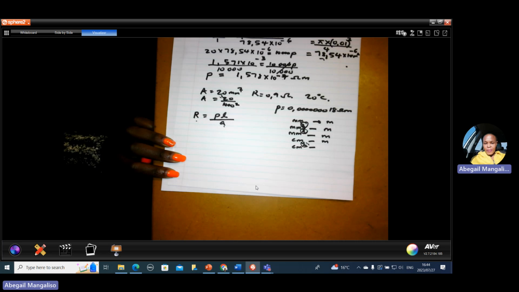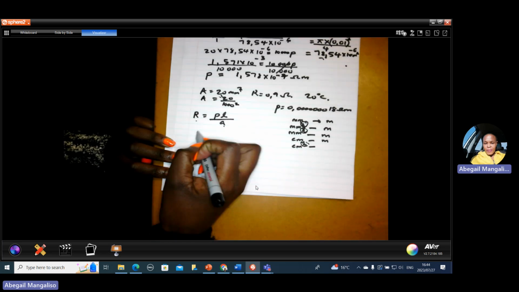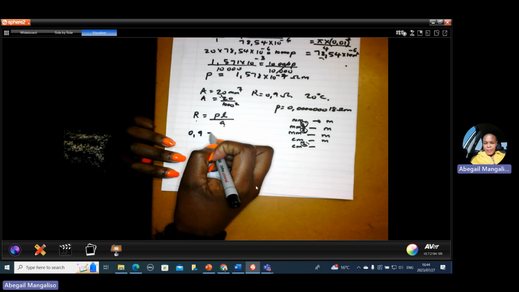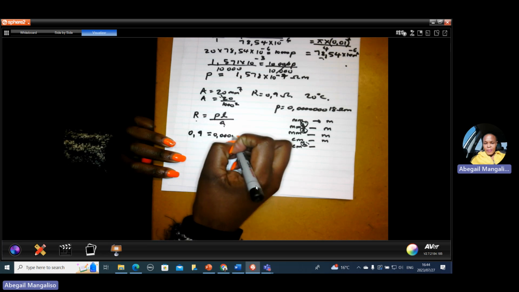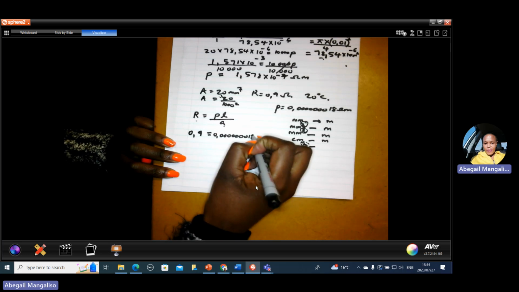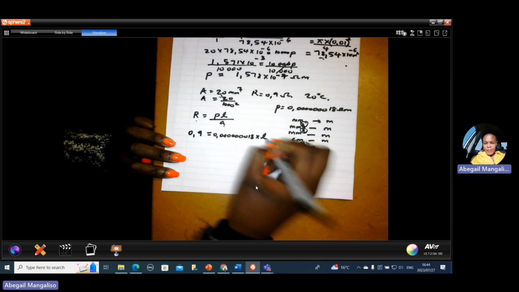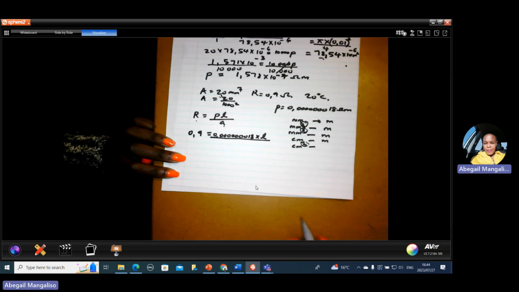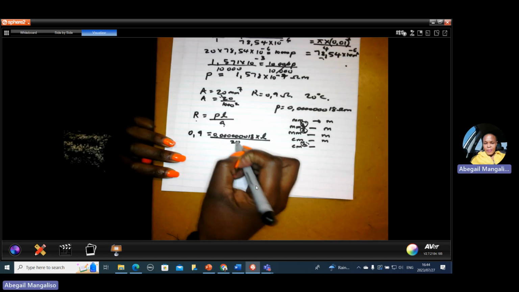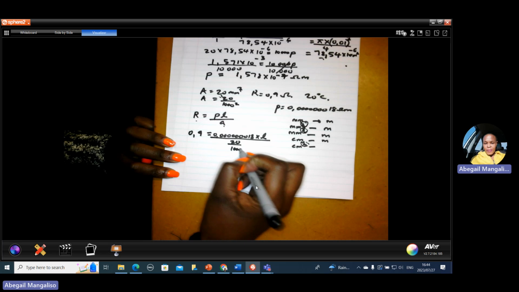Then we can substitute where there is resistance is 0.9 equal to resistivity is 0.123456718 multiplied by a length divided by an area is 20 divided by 1,000 squared.